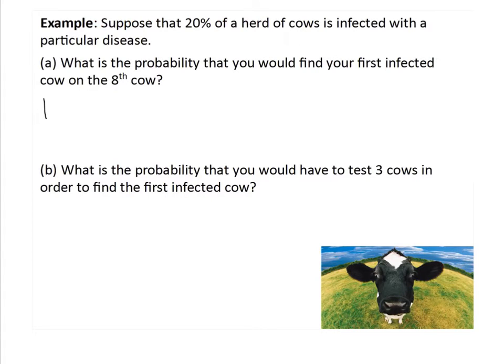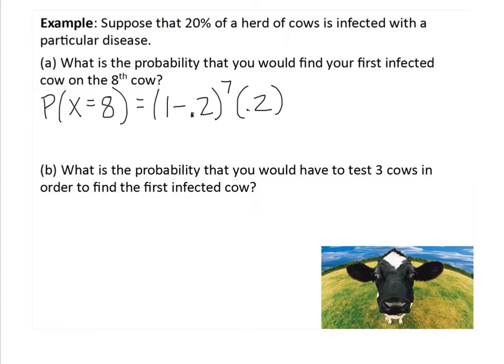If I want to know the probability that x equals 8, or that my first infected cow is the 8th cow, that means the first 7 cows are not infected, and then I find an infected cow on the 8th. So just to review, I found that 7 right here by doing 8 minus 1. So that's how I found that 7.